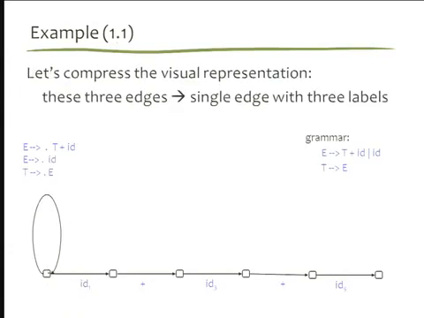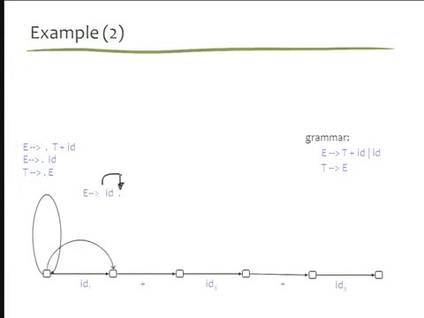Oh, by the way, there is one more step. I usually represent these three edges as one edge with three labels, just for compactness. But now we can go. And this is going to be indeed the edge where the dot has moved from here to here, as a result of scanning or reading the ID.